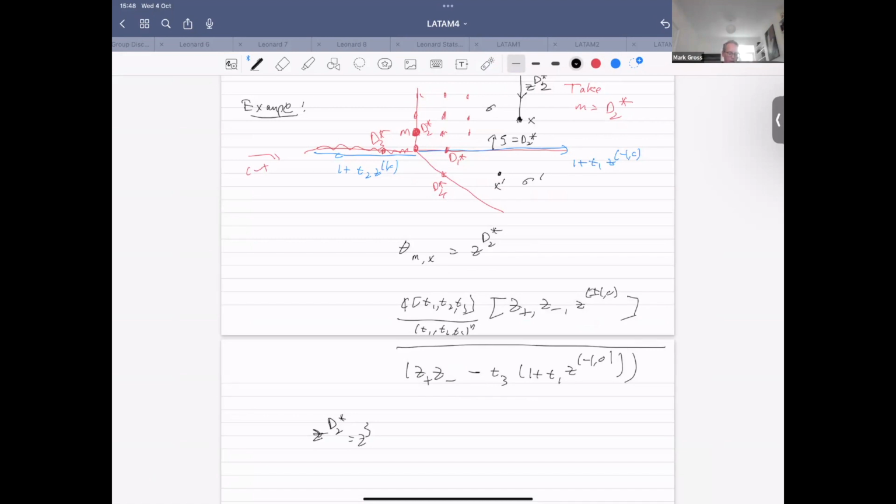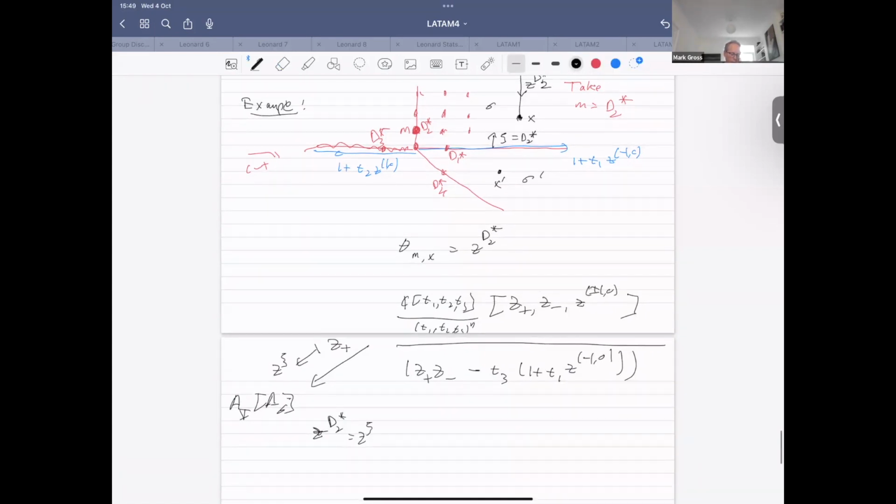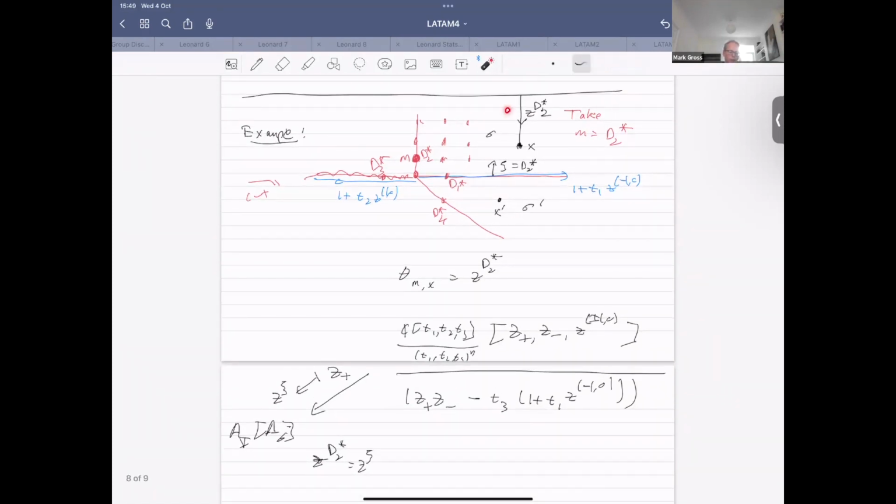And again, I'm expecting you to remember quite a bit here. But under the localization map to our ring A_I bracket lambda sigma, z plus just got mapped to z to the c, given the choice of tangent vector. So in other words, this initial monomial, as we are heading down this way, lifts to z plus.